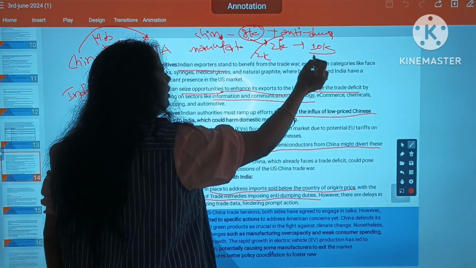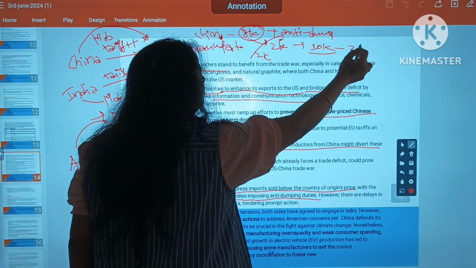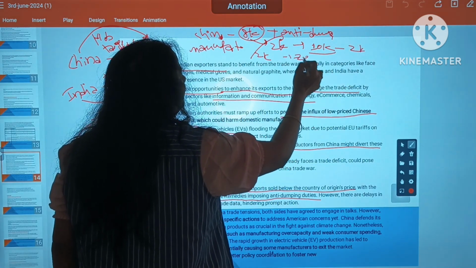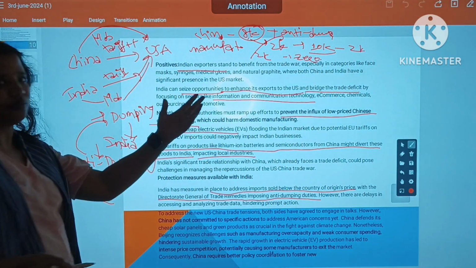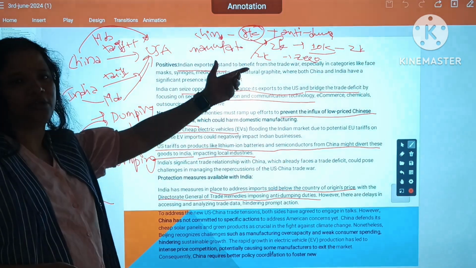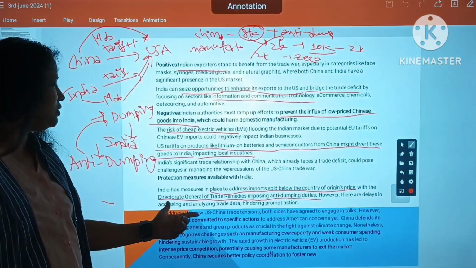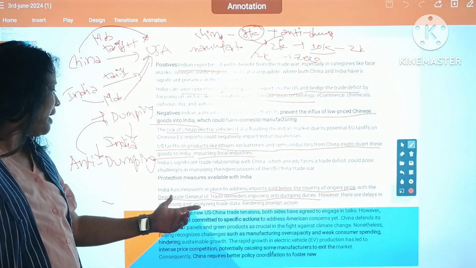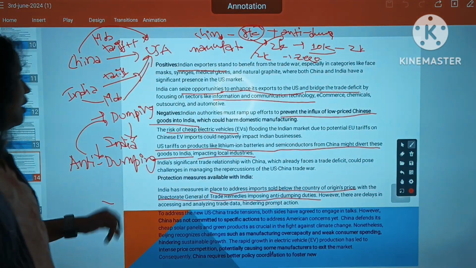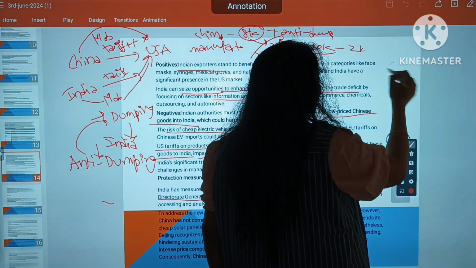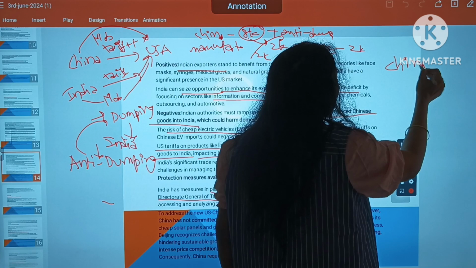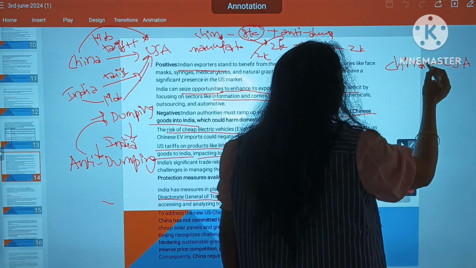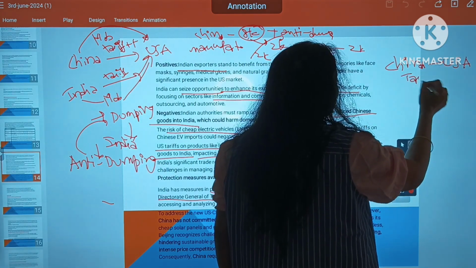Then the profit will become 0. So that type of measure can be taken by India to get through this dumping problem from China. Now what does China have to do? China has to hold peace talks with the USA to control the tariff prices.